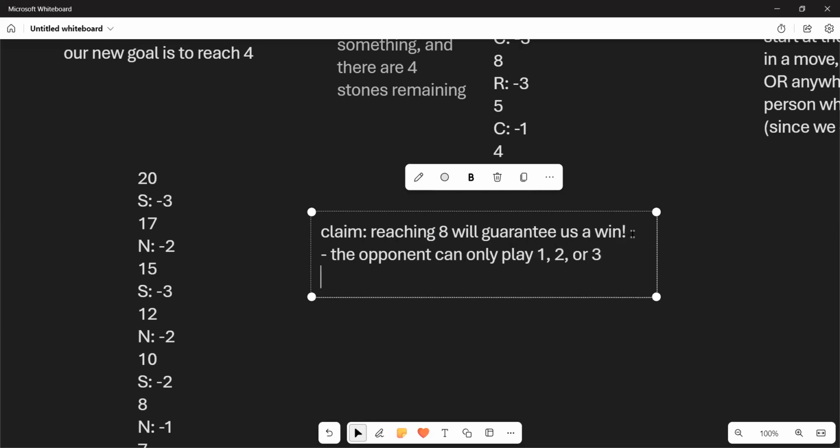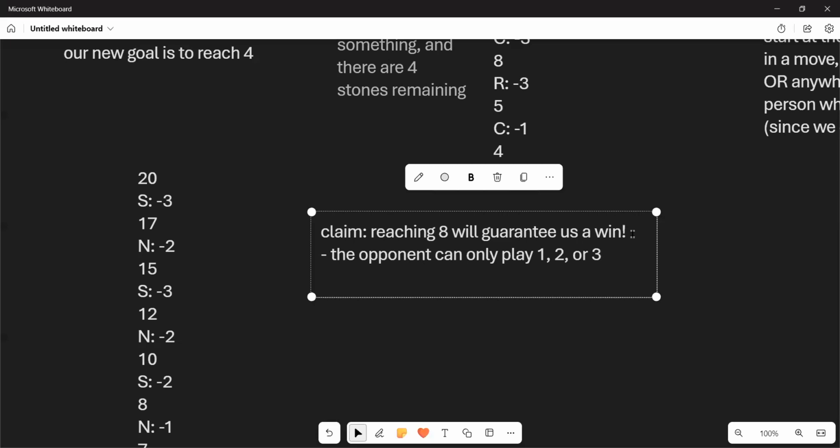So we play 2, we get to 4, and then we automatically win. Or similarly, if when we are on 8, the opponent plays 3, then we are on 5, we play 1, and we automatically win.